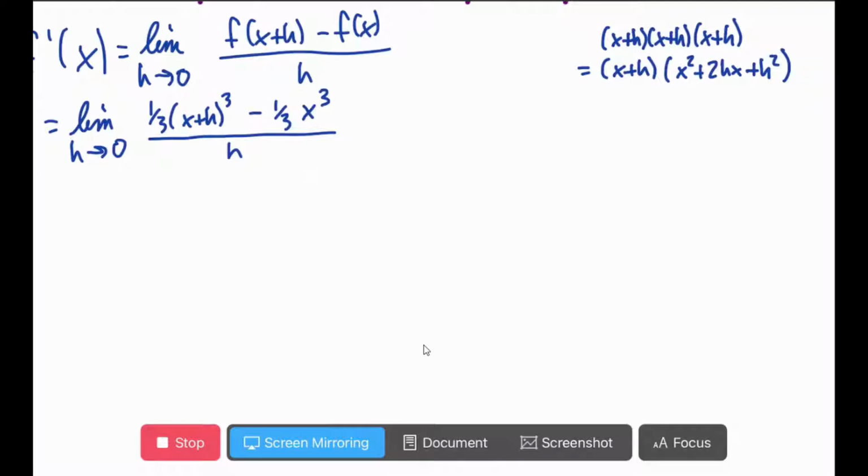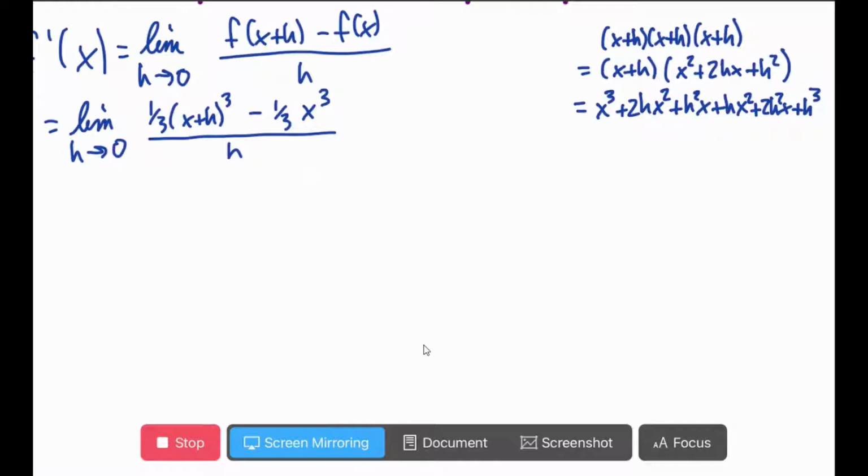And we can expand that again. x cubed plus 2hx squared plus h squared x plus hx squared plus 2h squared x plus h cubed.